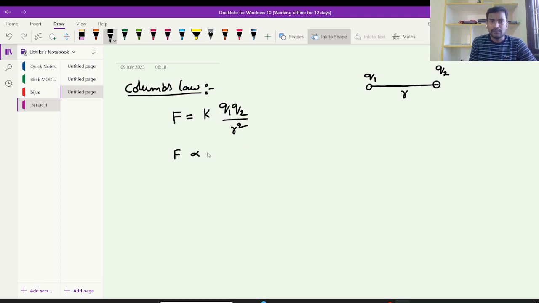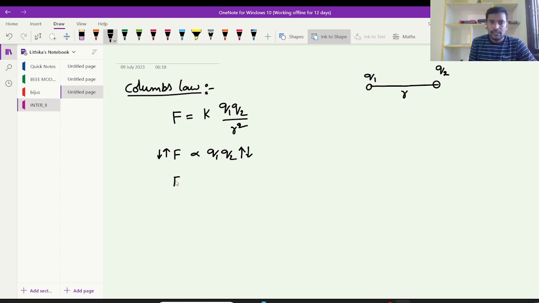F is directly proportional to Q1 Q2. Means, if charge Q1 or Q2 increases, force also increases. If charge Q1 or Q2 decreases, force will also decrease.